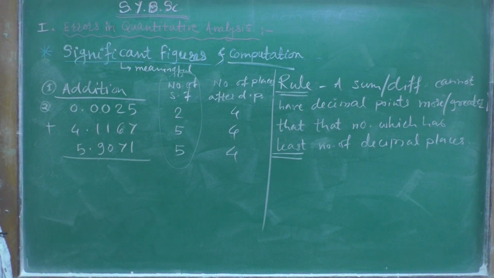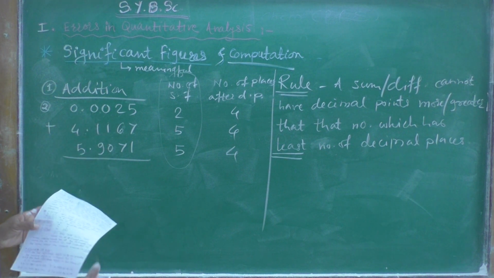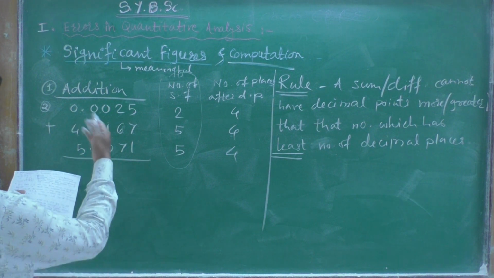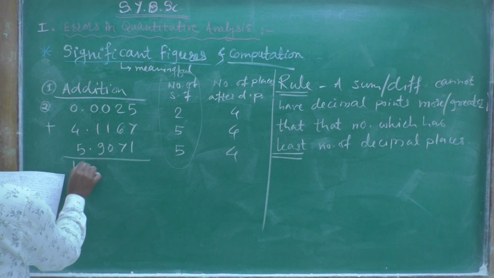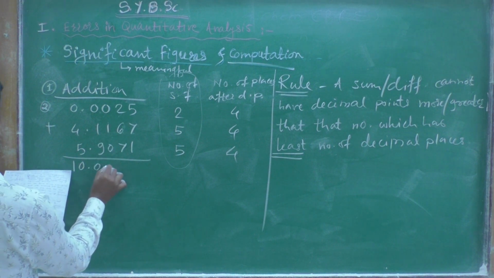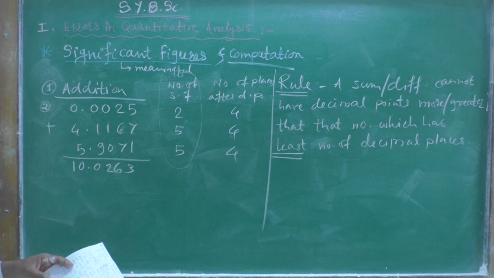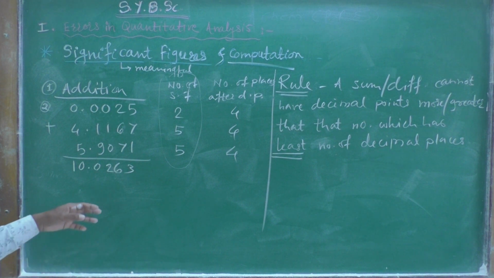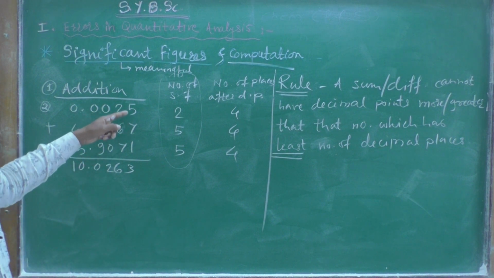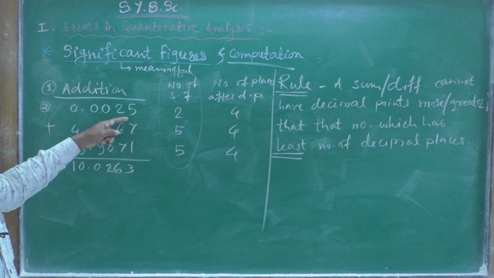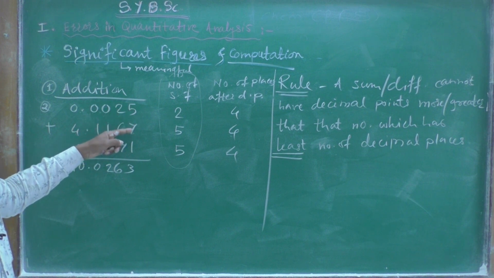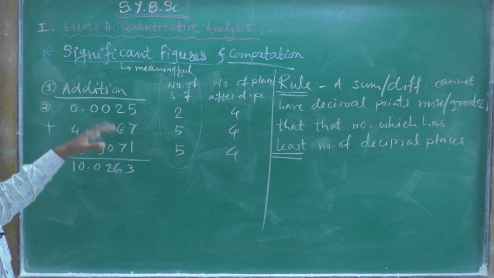Then the answer is, you can use your calculator or do the sum, 10.0263. 5, 7, 8, 5, 7, 12 plus 1, 3, 13. Very simple addition.